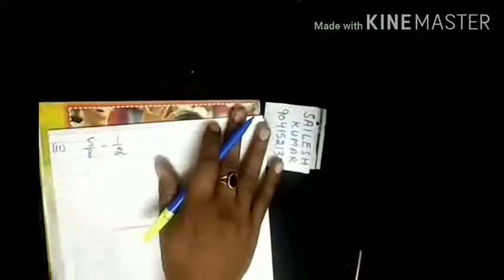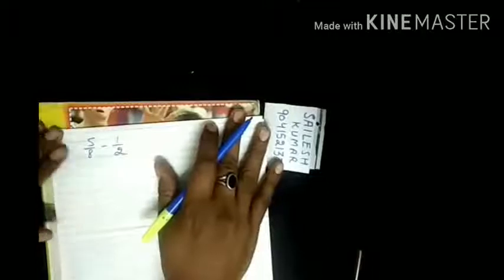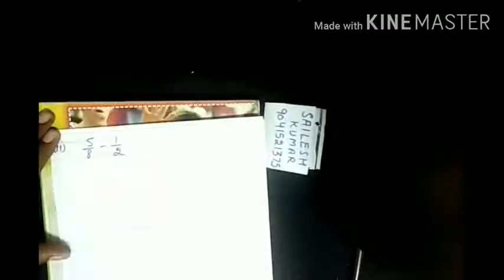Now we are on the second part of this question. Here 5 by 8 and 1 by 2. These are two fractions, and we will subtract these fractions. Now the LCM of 8 and 2. On the table of 2, this is divisible, and the answer is 4, and 2 divided by 2 we get 1. 2 fours and 1, and 2 ones are 2.